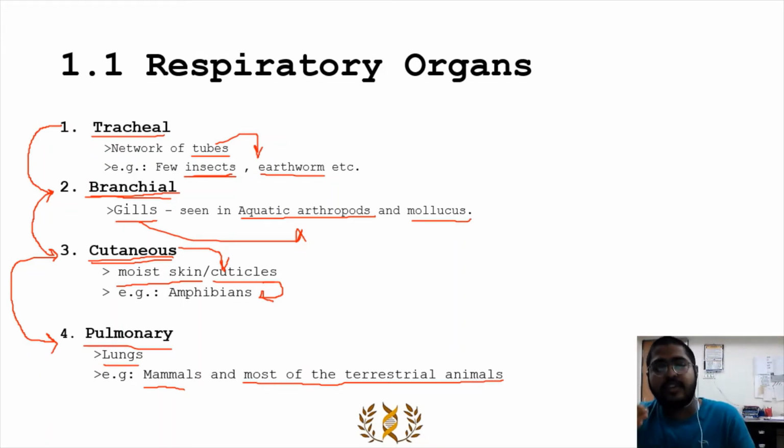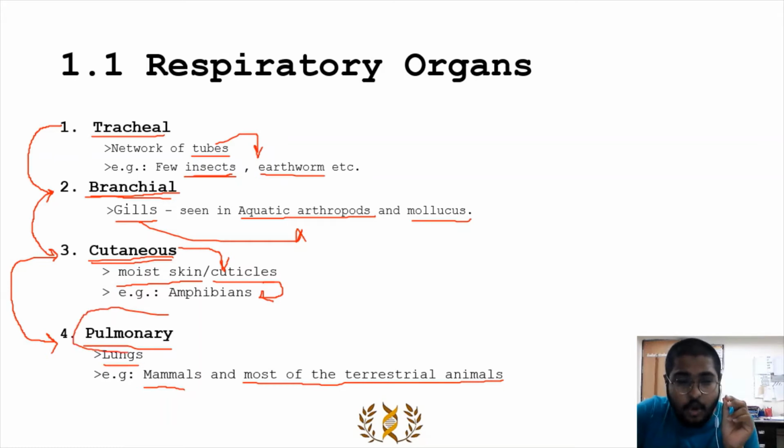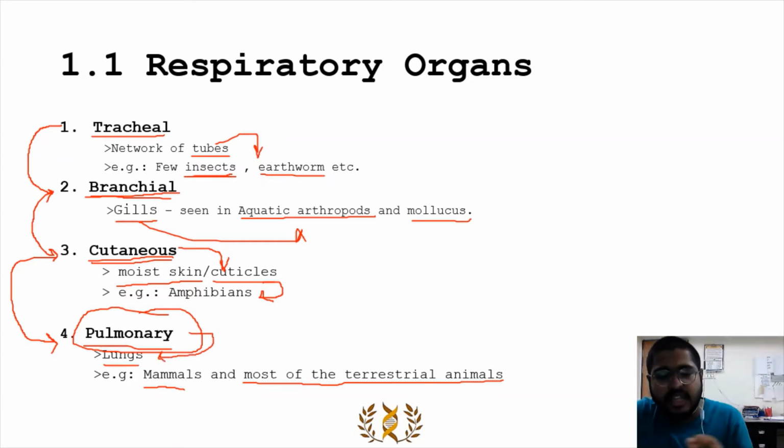These are the four different types of respiratory organs. Since it is a human physiology lesson, we'll be focusing mainly on the pulmonary respiratory organ, the lung. Everything surrounding the lung will be studied in this chapter, and we'll be studying it in humans.